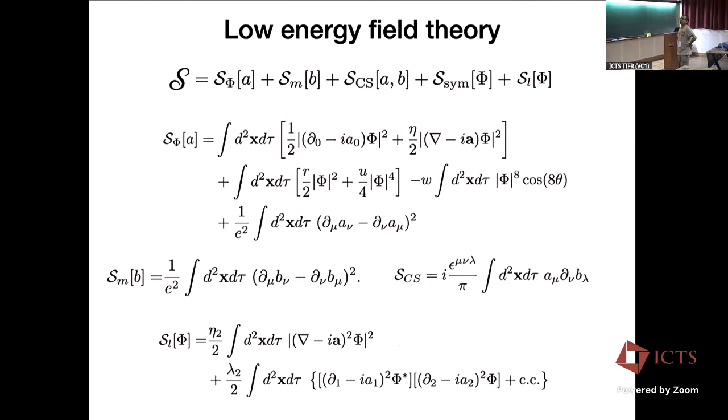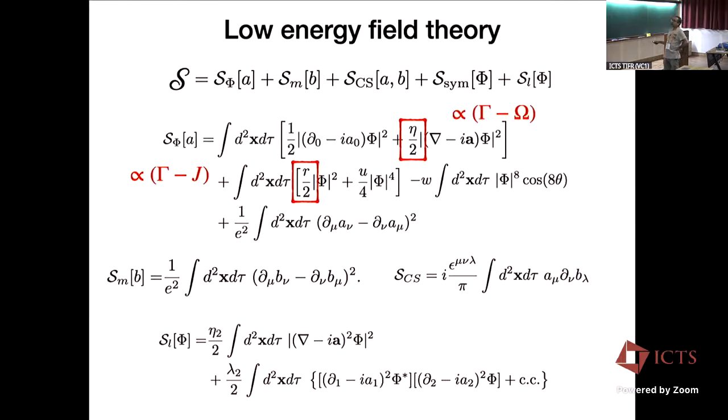Okay, so one can follow this line of ideas and write down the quantum field theory allowed by symmetry. It has various kinds of terms, and the topological nature of the Z2 liquid is embedded in the analysis of one of these terms, which I won't go into.